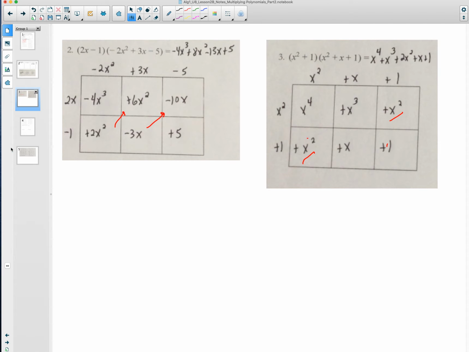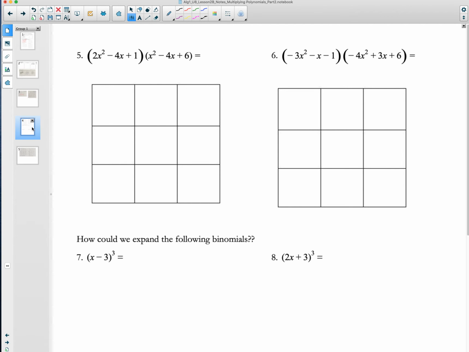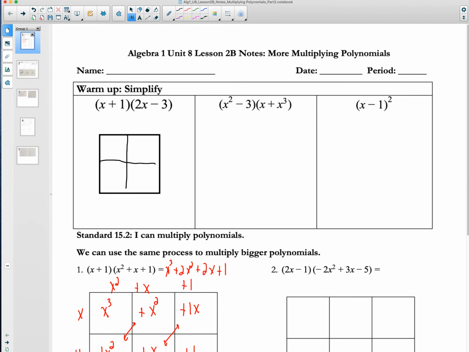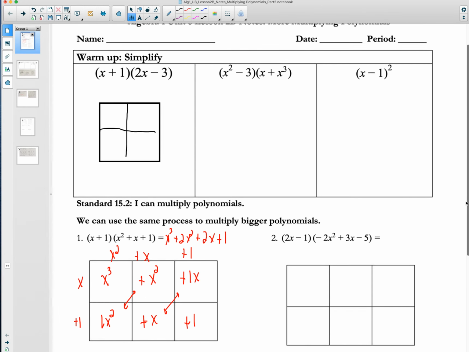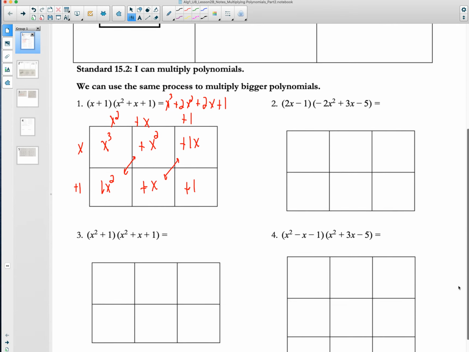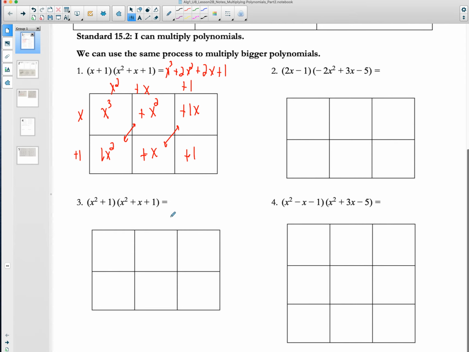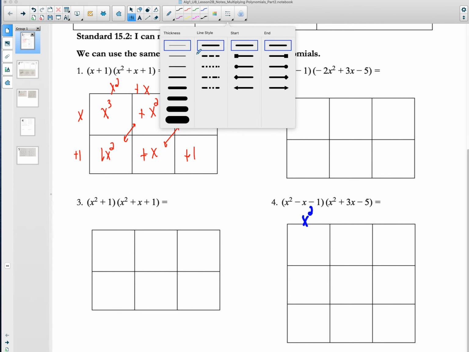All right, so here's what I'd like to do. Let me go back to this sheet right here, and I am going to just really quickly run through example 4 here with you, and then I'm going to have you do a couple more problems on your own. So then once again, I'm going to go x squared. Oh, my thickness is off here. So go back and do this again.